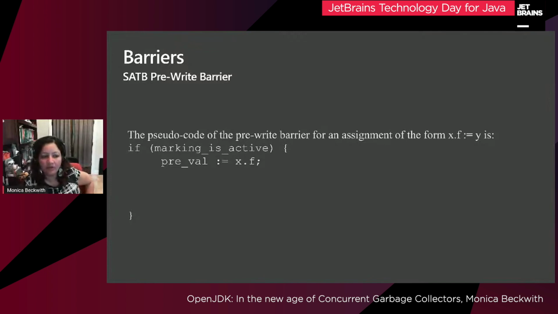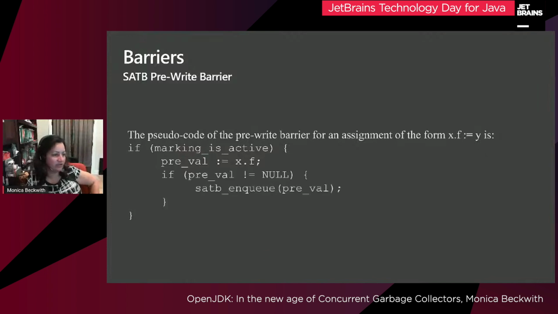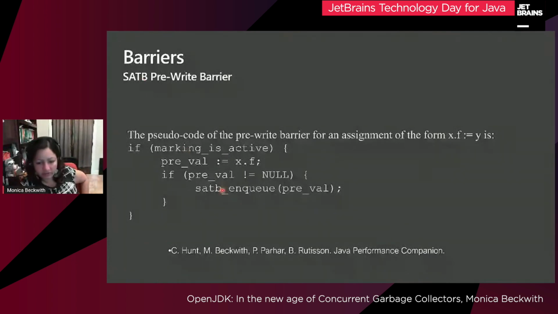If it's not marking, then you don't need to even go into that if block. So if marking is active, you store the previous value, and if it's not null, then you have to enqueue it in the SATB log buffer, and then you're done. That's the simplest barrier that you have, the pre-write barrier in G1 GC. And of course, anything that uses the SATB algorithm will also have the same barriers.